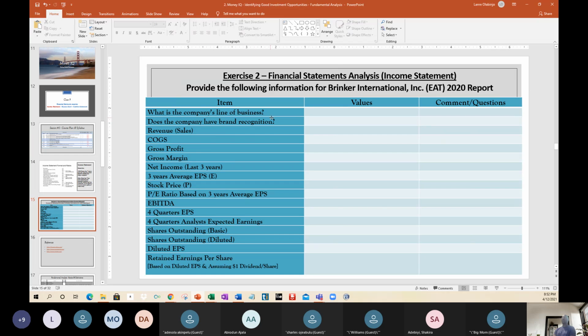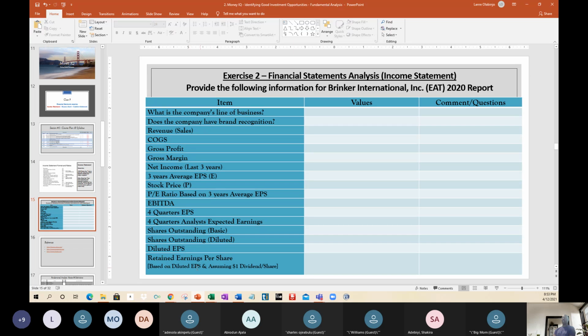What is the company's line of business will be the first question. Does the company have brand recognition? What's their revenue, sales, gross profit, gross margin, net income, 3 years EPS, stock price, P/E ratio for the last 3 years, their EBITDA, 4 quarters EPS, 4 quarters analyst expected earnings, shares outstanding, basic and diluted earnings per share.